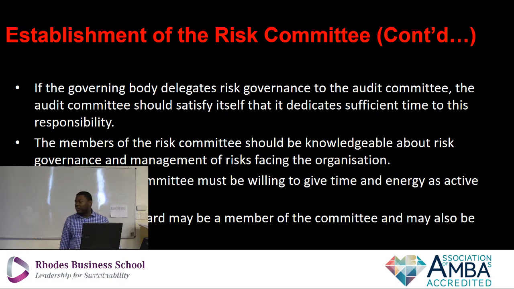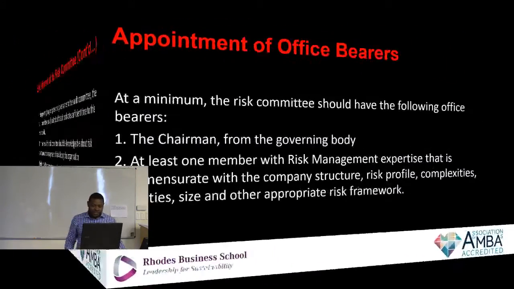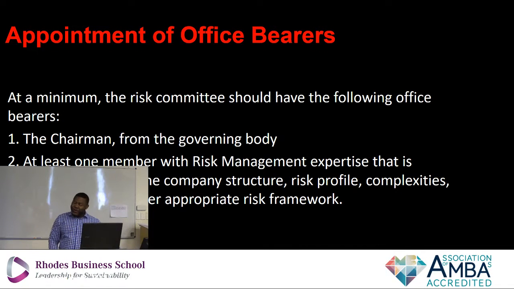The chairman of the body may be a member of the committee and may also be the chair. So this is the only committee that the chairman of the body is allowed to come in and be the chair. The appropriateness of the appointment of the office bearers. At a minimum, the risk committee should have the following office bearers.